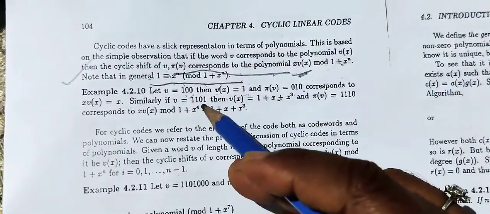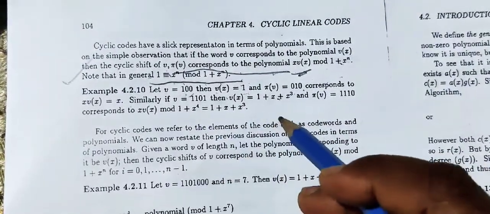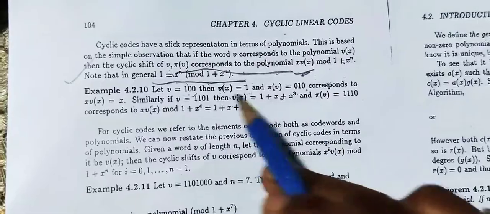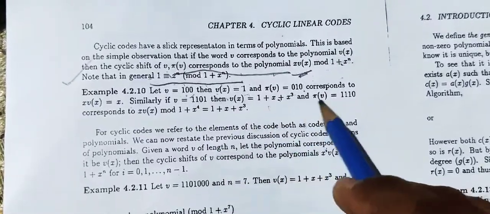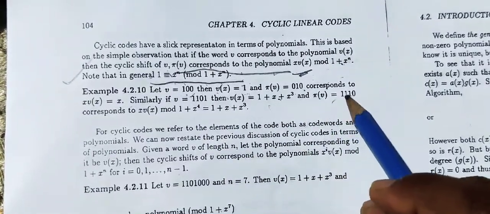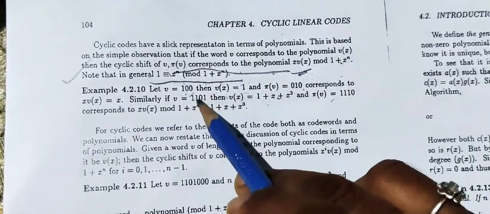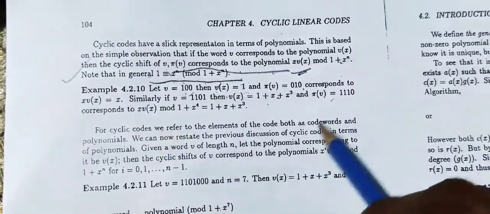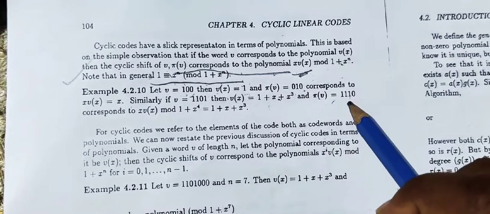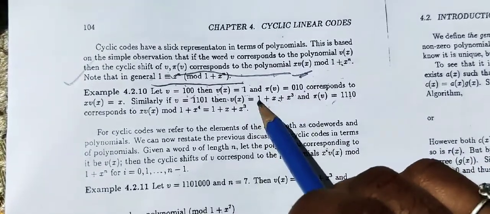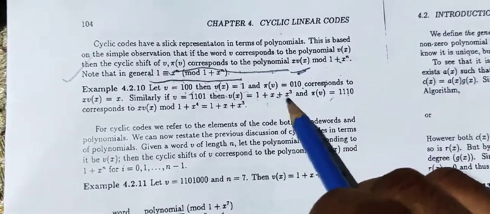Next, V is 1 1 0 1 and V of x is 1 plus x square. The corresponding polynomial is this one. And the shifted word is 1 1 0 0, then 1 1 1 0, corresponding to x V of x, which means x plus x square plus x cube.